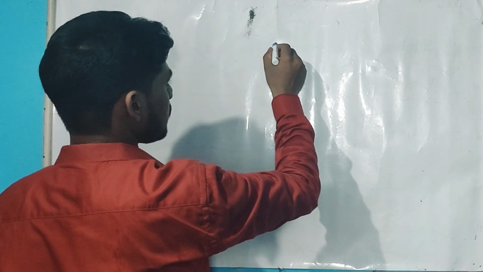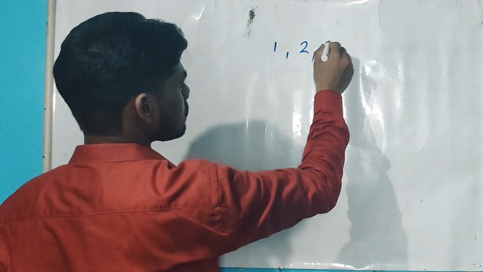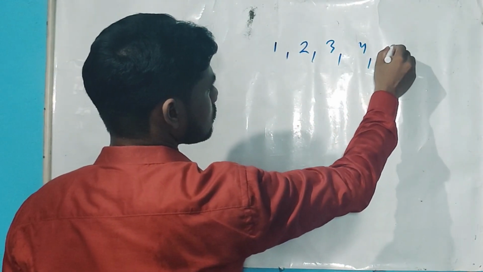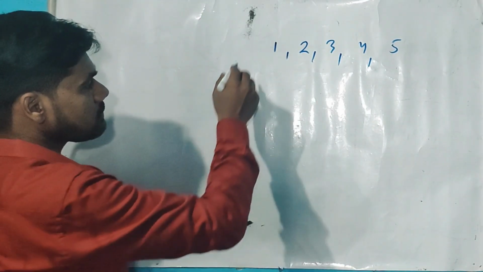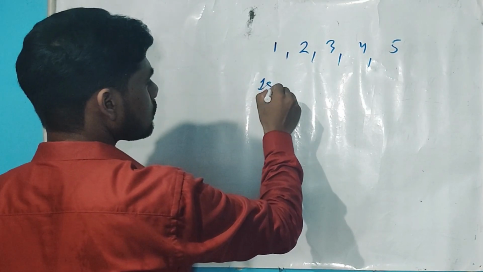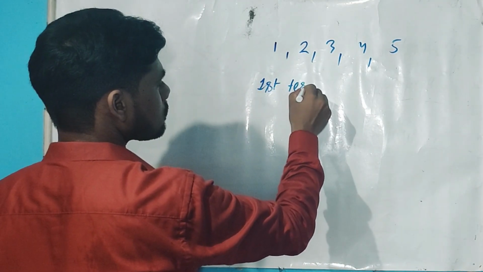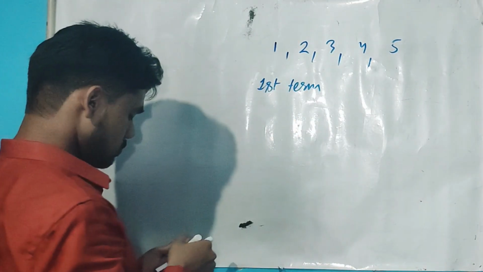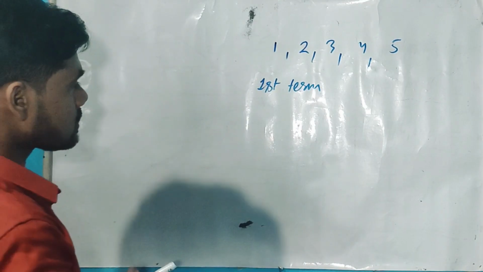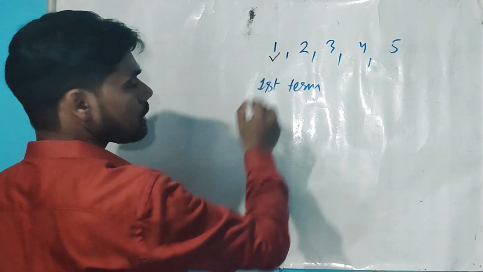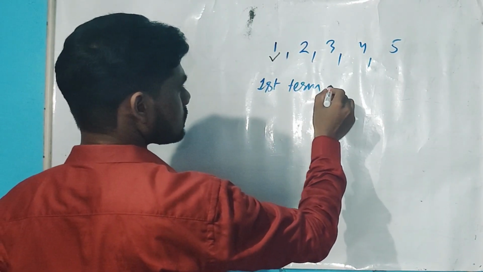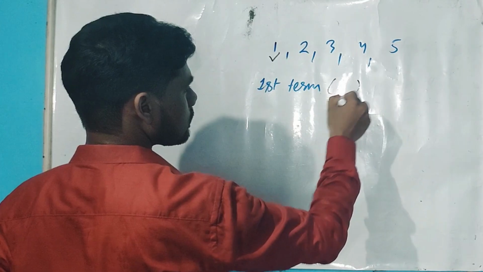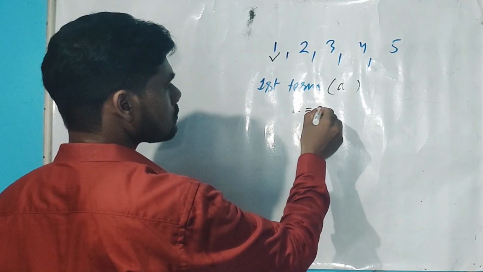If this is a pattern, what is the first term here? The first term is 1. We denote the first term by A. So A is equal to 1.